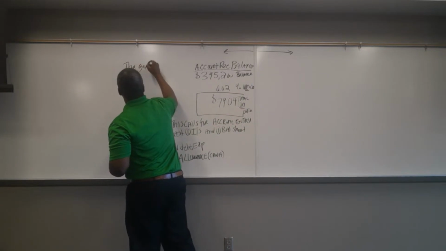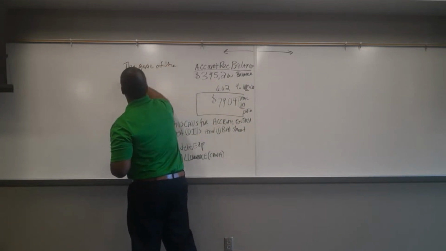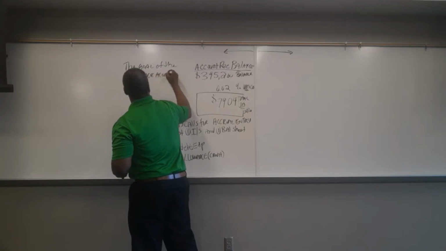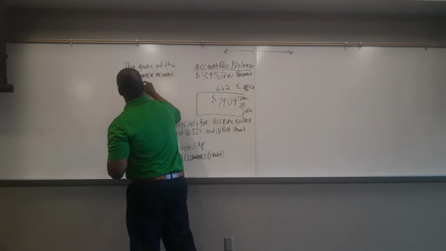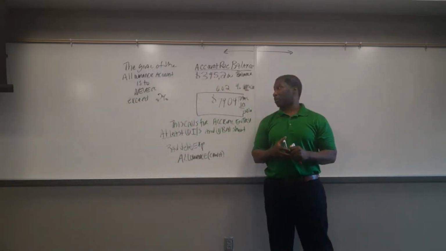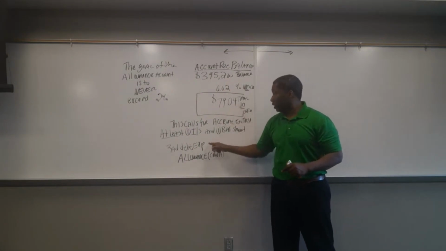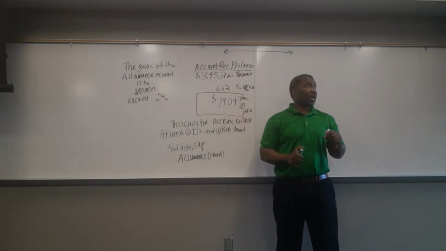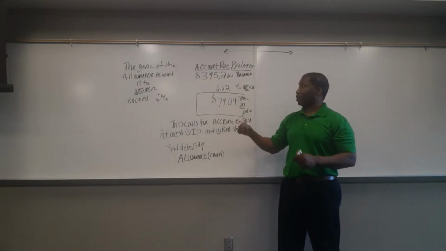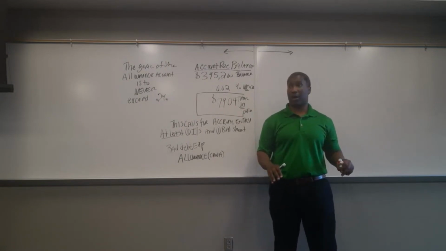The goal of the allowance account is to never exceed, in this case, the 2%. I never want to have more than 2% in here. I never want to have more than 2% bad debt anywhere. Can the whole country default? Yes, they can. But that's a different situation. I want to make sure I never have more than 2% in there, okay?